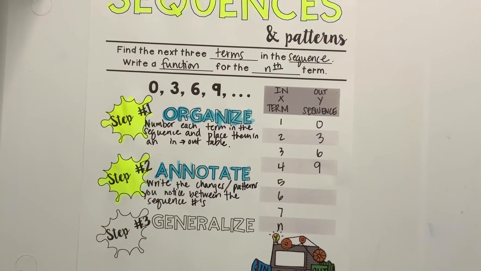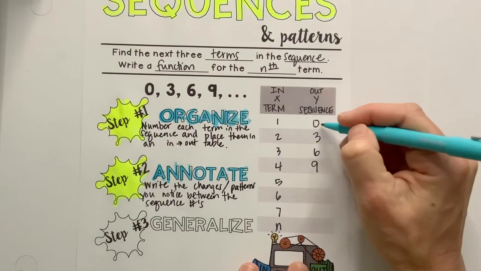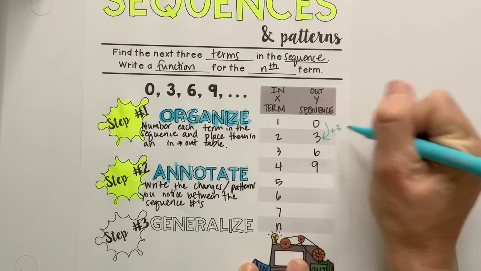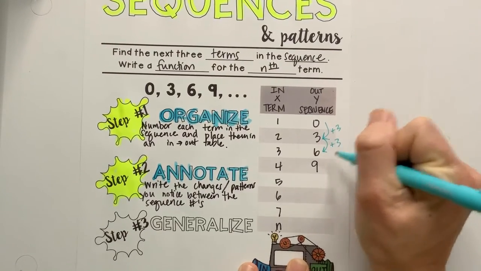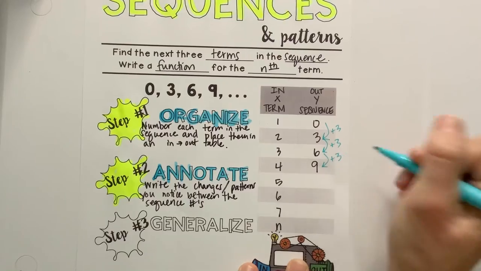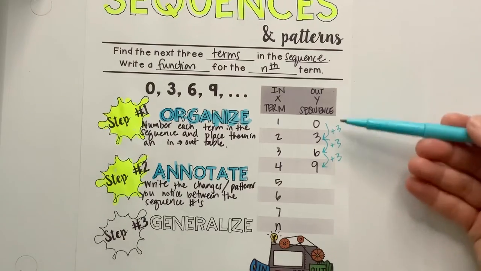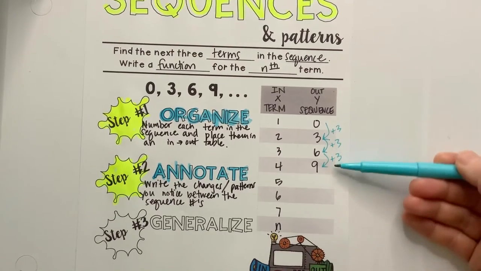Now, this sequence is fairly straightforward. You probably have already noticed the change of the pattern. To go from 0 to 3, you can see that it is plus 3, plus 3, plus 3. So we know that it is, in essence, skip counting by threes, increasing at a constant rate. So it is the same growth for each and every term.